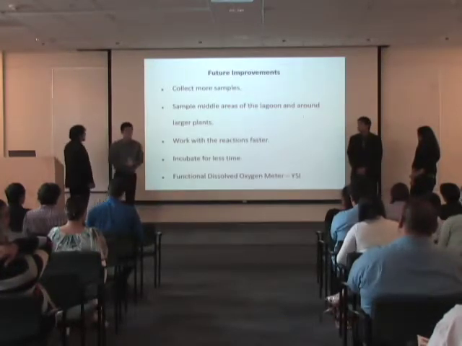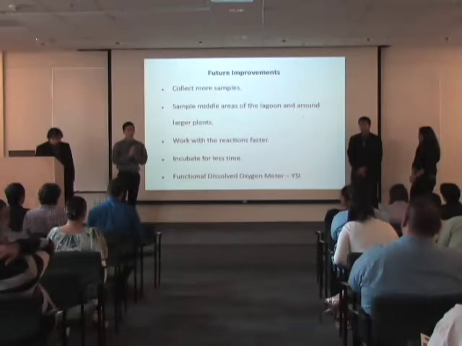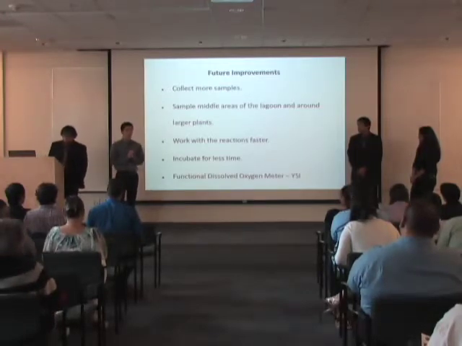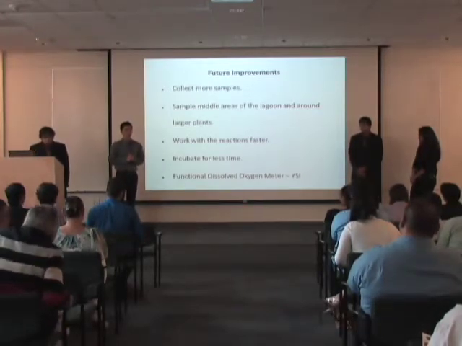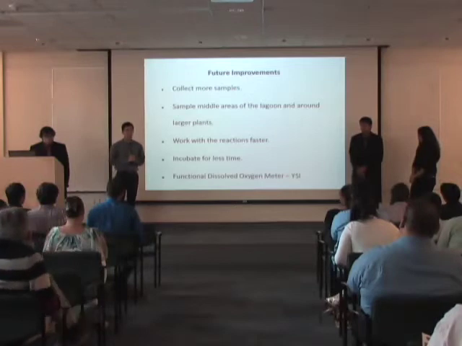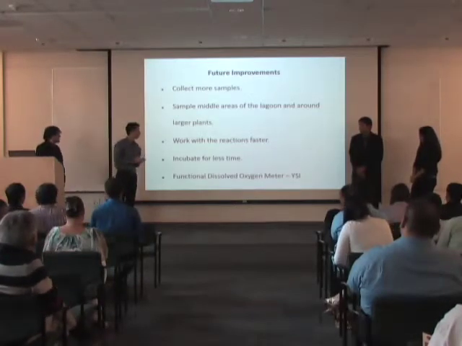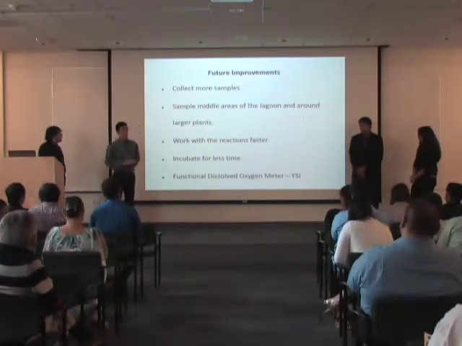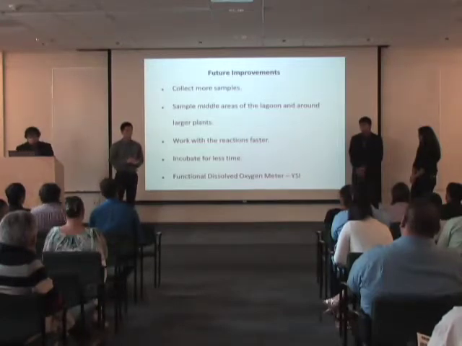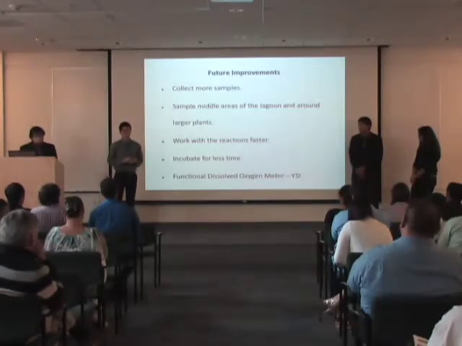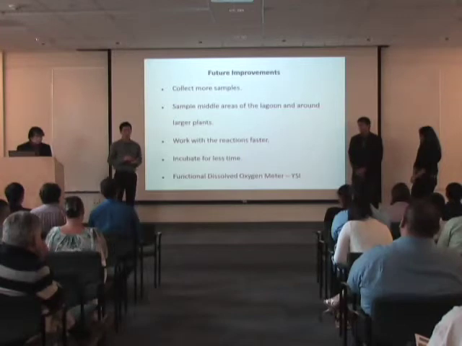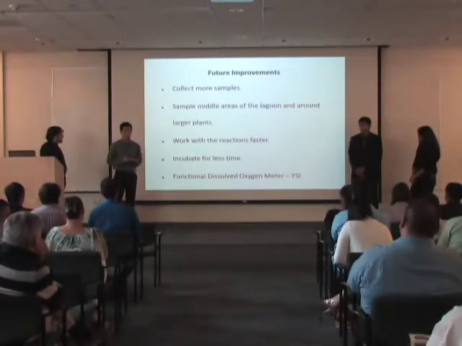And future improvement. With that being said, we could collect more samples of the lagoon so we can have better averages for our calculation. The next improvement is, since we already took samples of water from the edge of the lagoon, in the future we just need to get more samples from the middle of the lagoon where larger plants are growing and producing more oxygen.